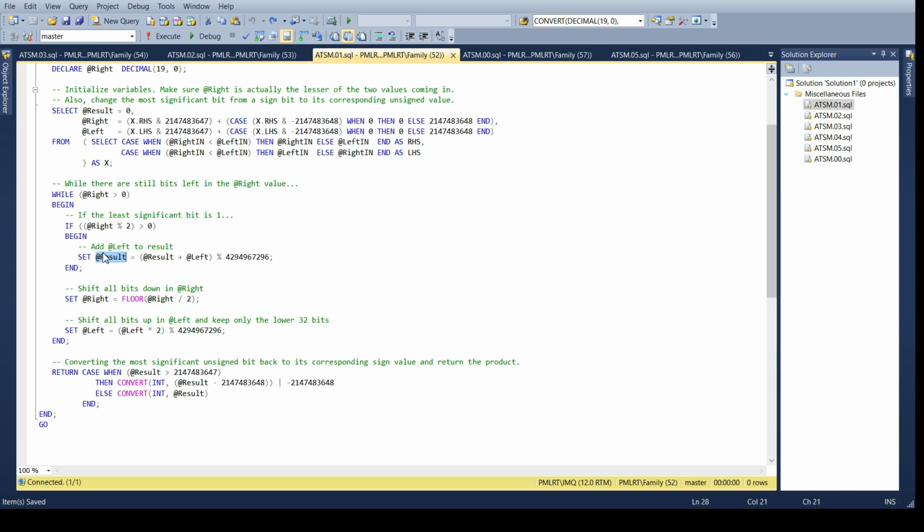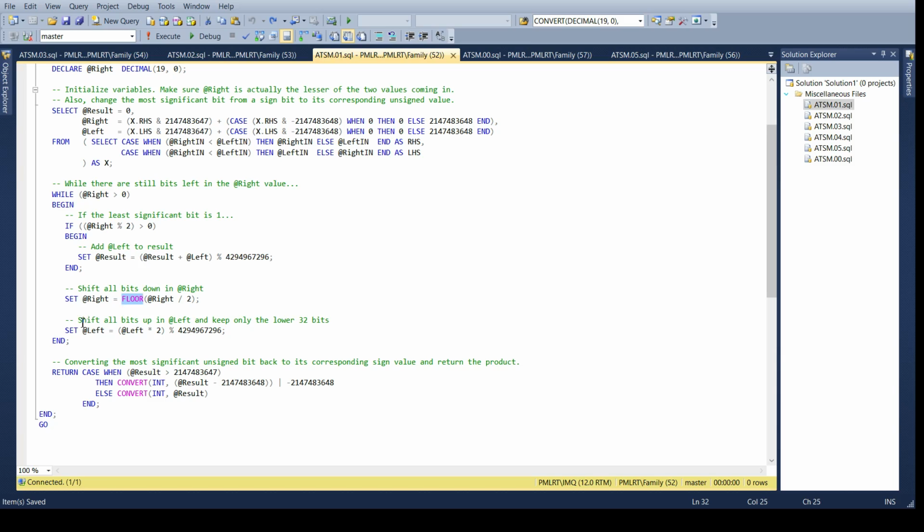So we do that when the bit is turned on in the right side, and then we divide, which essentially pulls each bit in the right down to the least significant bit. The floor function makes sure I'm only talking about a whole positive number when I divide by 2 here.